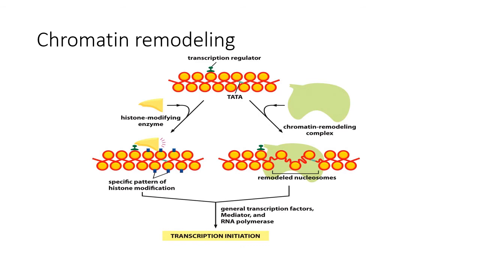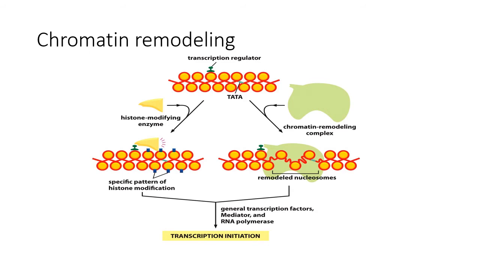They can slide them along the DNA, and they can evict or disassemble them. The modifying enzymes can act as a way of recruiting the chromatin remodeling complexes. Alternatively, you can have the action of the chromatin remodeling complex followed by recruitment of acetylases, for example. So there's no simple linear pathway that describes all this. These are, in some sense, independent processes, and yet they are mutually dependent in many cases.